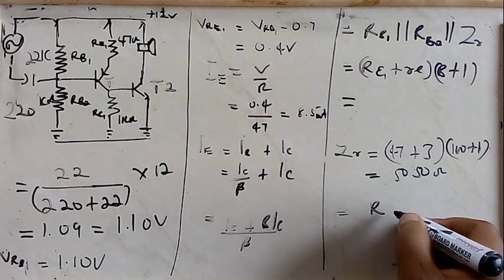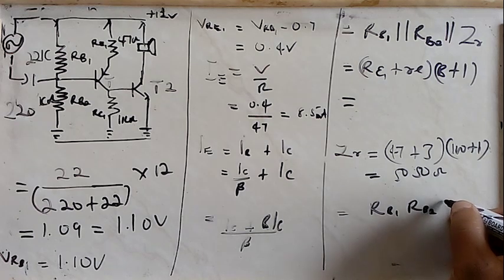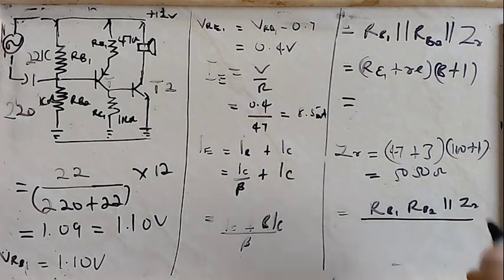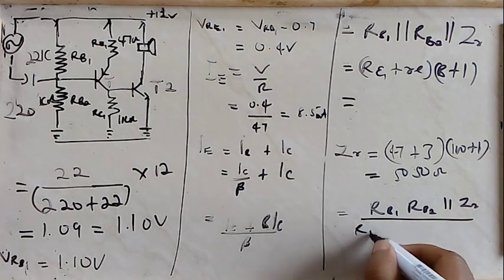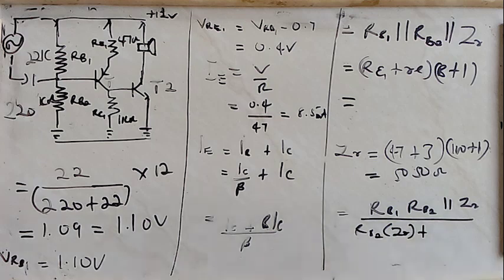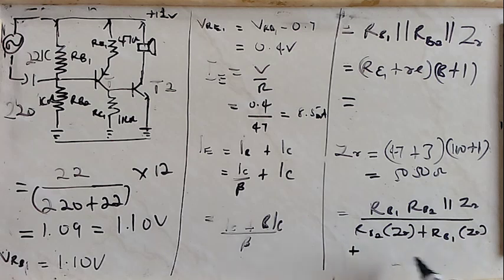We have RB1 by RB2 by ZR all over RB2 by ZR plus RB1 by ZR plus RB1 by RB2.